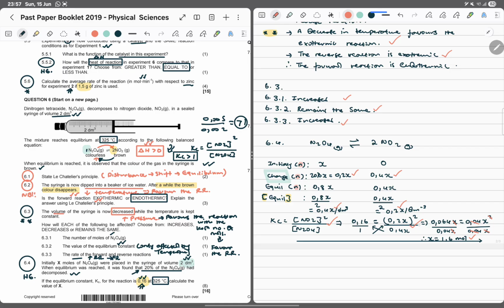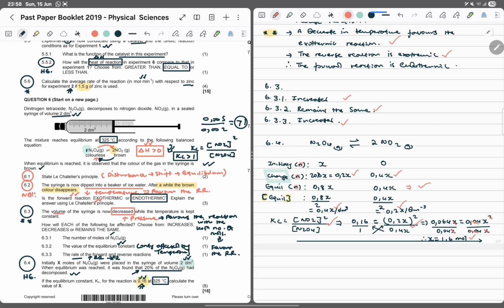So this is 1, 2, 3, 4, 5, 6, 7. Well, the 8 story, I don't know. Perhaps it's the overall thing. It's an extra mark, I guess. Or we can say this portion here where we calculate the equilibrium number of moles for each, we can bunch that together because it's too simple.